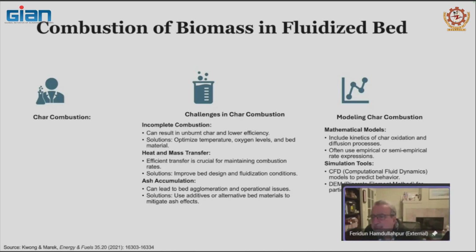So let me ask you, Professor, have they seen an operating fluidized bed? Have they been to the lab yet to see how a fluid bed operates and how the bubbles interact with particles?